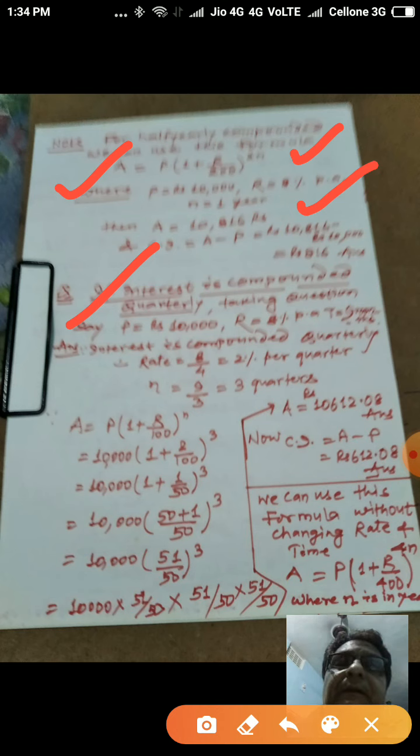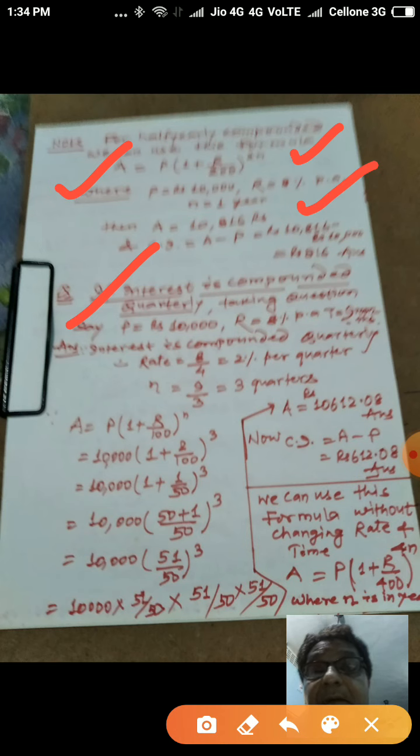What you have done there, you have changed the rate and time. As the condition was half yearly compounded, you made your rate half year and your time in half year. Here the condition is interest is compounded quarterly. It means we have to change our rate to quarter, and time also we have to change to quarter.